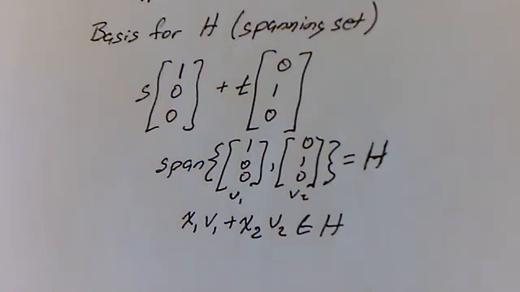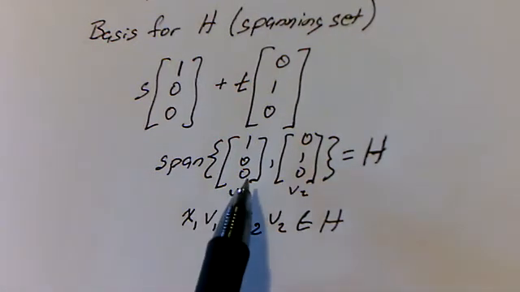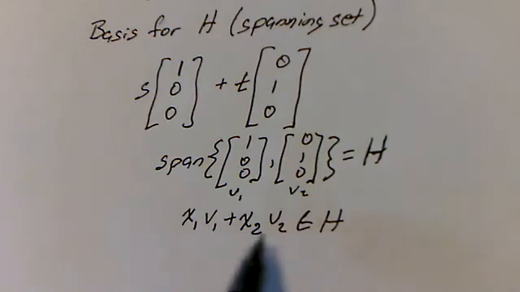So the span is covered. If you can find a spanning set, you've proven that it's a subspace, because span gives you all 3 of those properties for free, span and linear combinations together. So a spanning set is the easiest way to find whether something is a subspace.